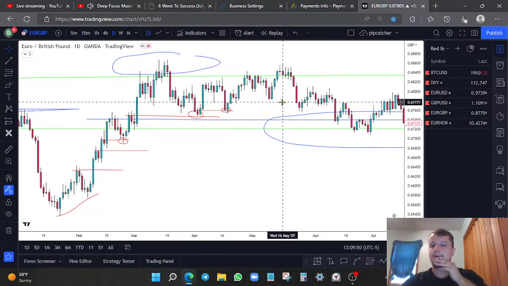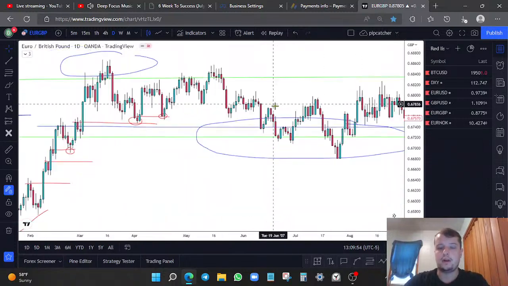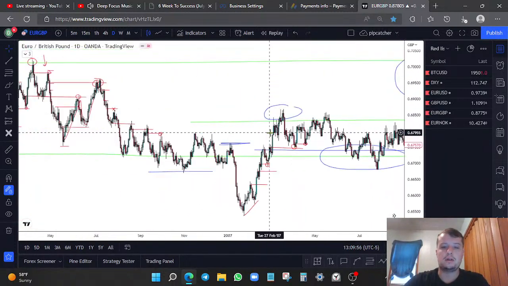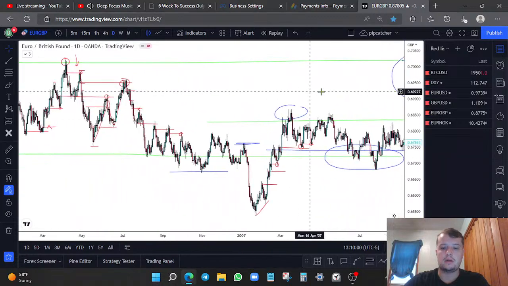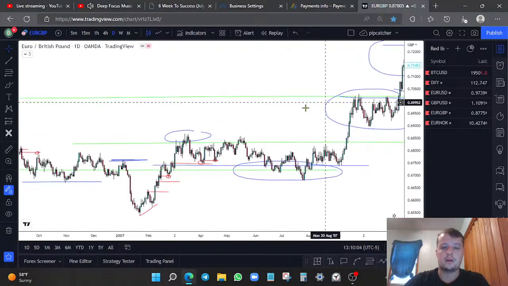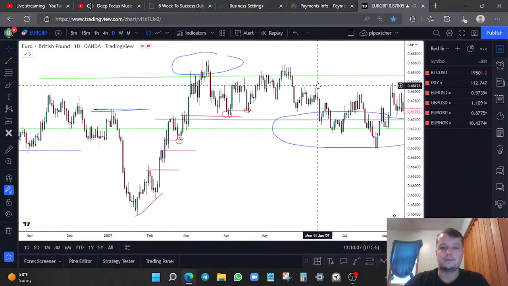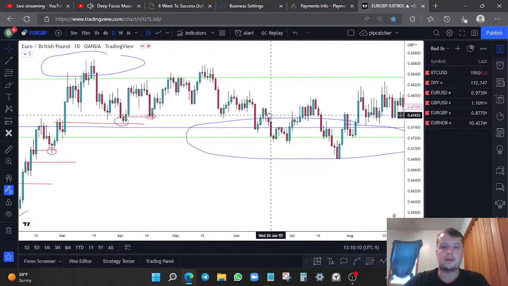Clean setup. Now look, once again, right? We're still on a... oh, that was for the future. But look, in this area right here.